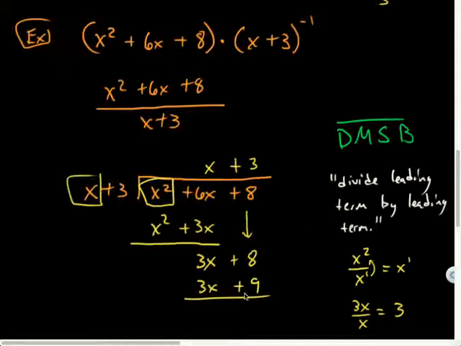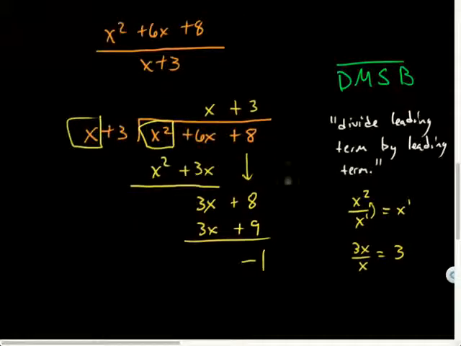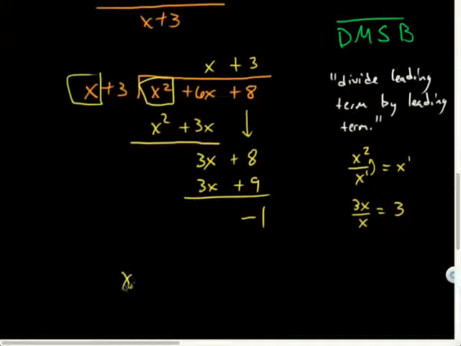That's the one place where people often get it wrong here, is negative 1. There's nothing left to be brought down. So we're done. Meaning our answer is x plus 3 with a remainder of negative 1.